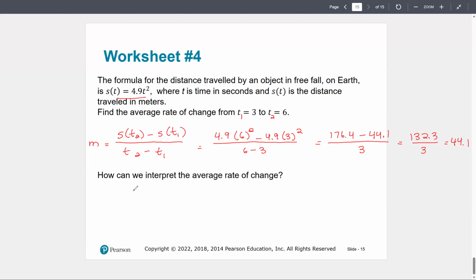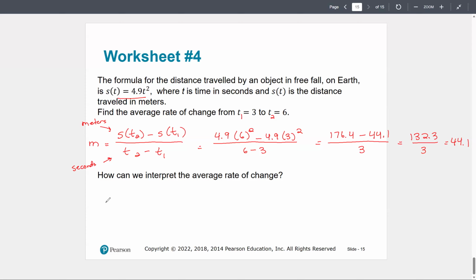That's fine. So how can we interpret this average rate of change? So this is representing my distance traveled in meters. And this is my time in seconds.